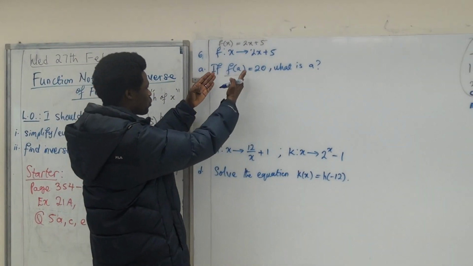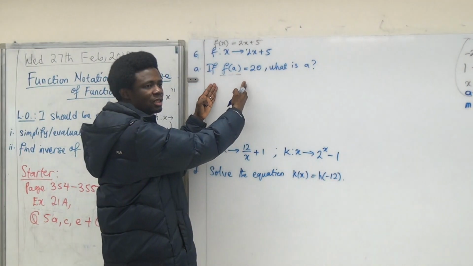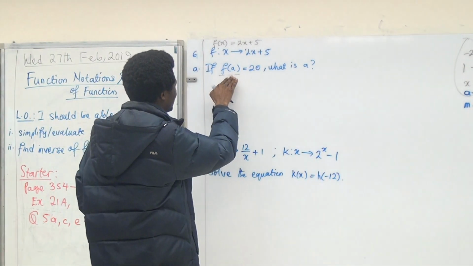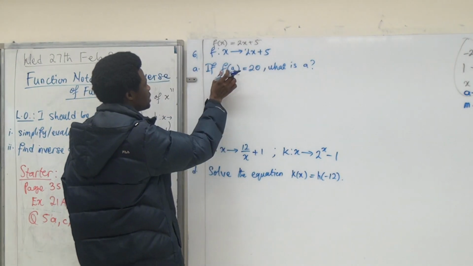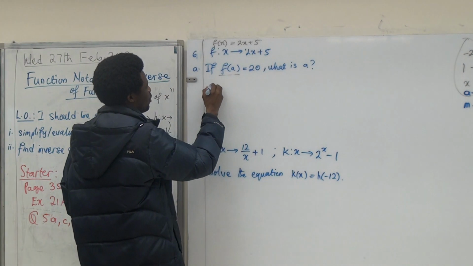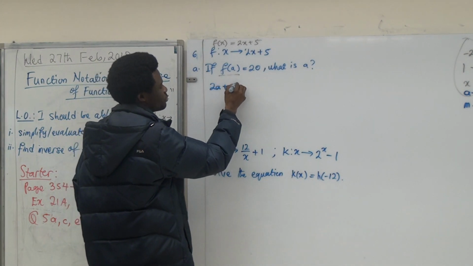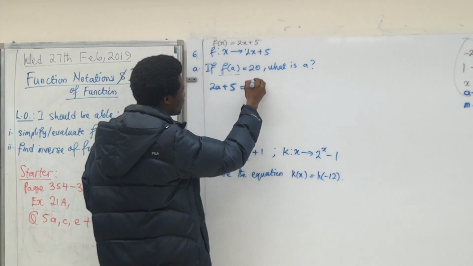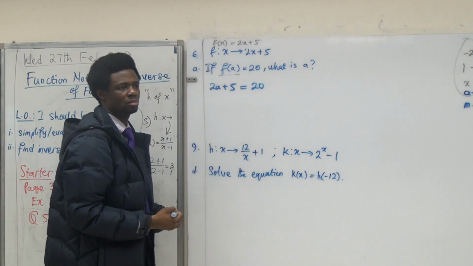So this is how you try to figure out your left-hand side first. So f of a, using this rule, means a is going to be sent to somewhere on the other side. And that somewhere will be 2a plus 5. The other side is saying this will definitely be equal to 20.